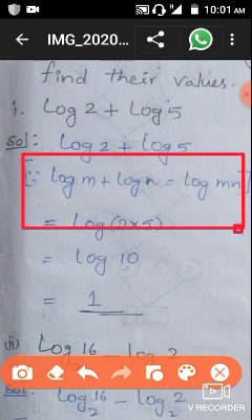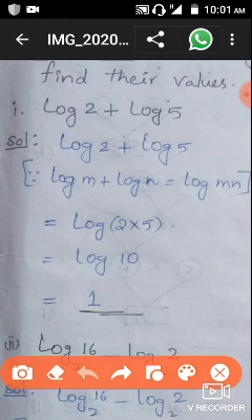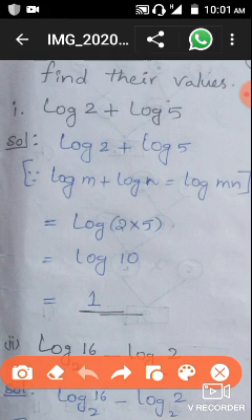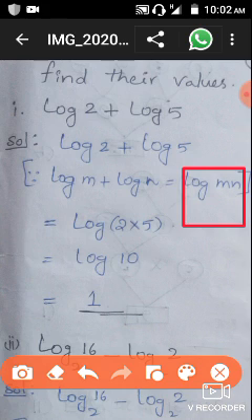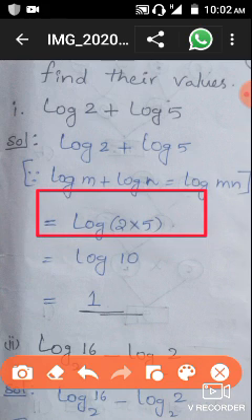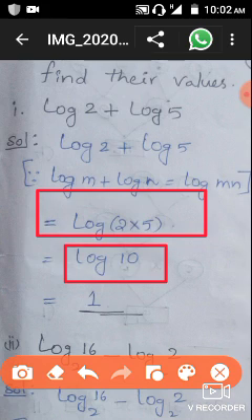According to that formula, we write log 2 into 5, which is log 10, since 2 into 5 is 10. The base is not mentioned, and when not given we consider it as base 10.